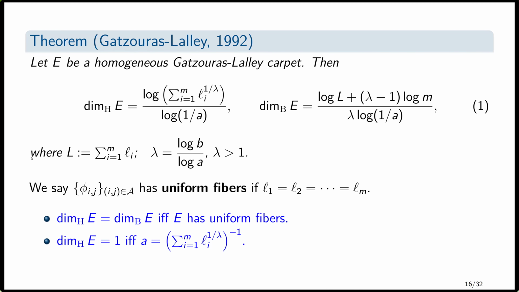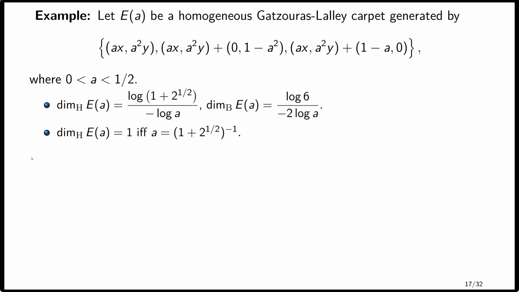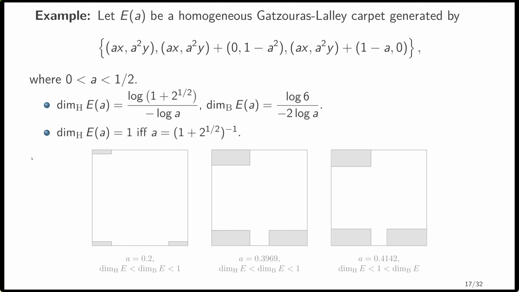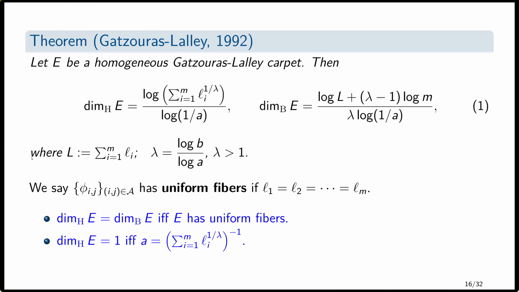And let's see a concrete example. So E_A is a homogeneous Gatzouras-Lalley carpet generated by 3 maps. These are the 3 maps here, with one in the corner, only in the corner, and we compute based on their formula. So here, the formula is here.